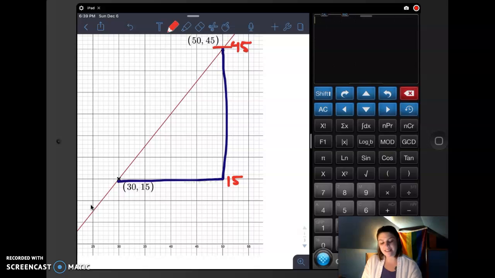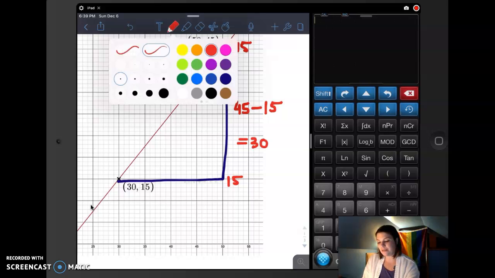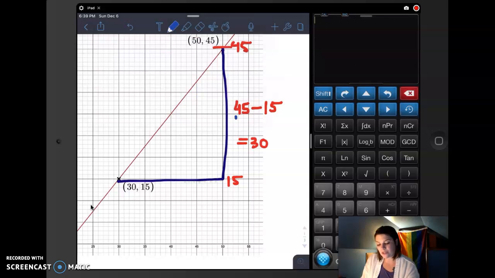So what we did in our head was we took the second number and we subtracted the first number in order to figure out that this was 30 units high, 30 boxes high. And so what we did is we took the second y value and we subtracted the first y value.